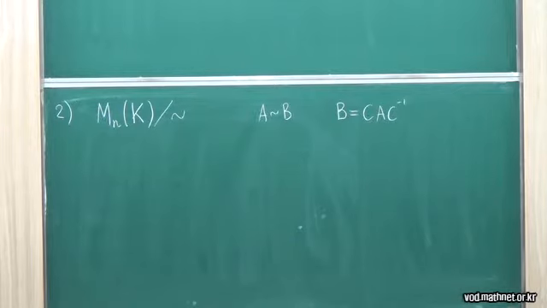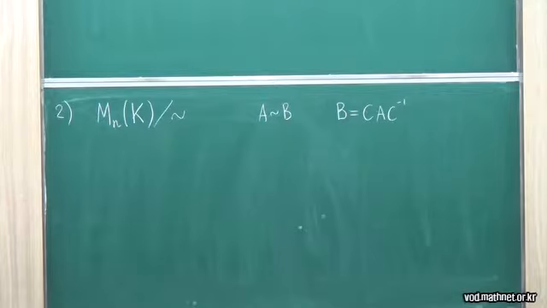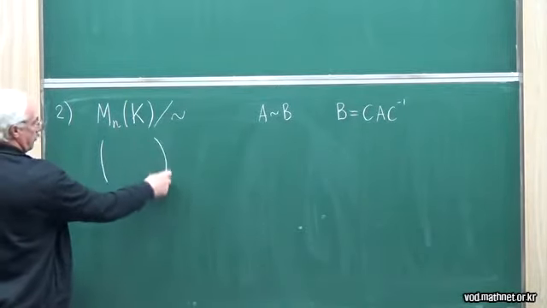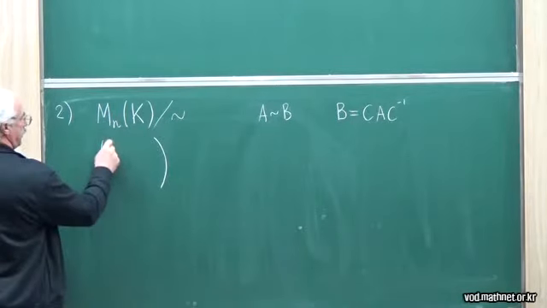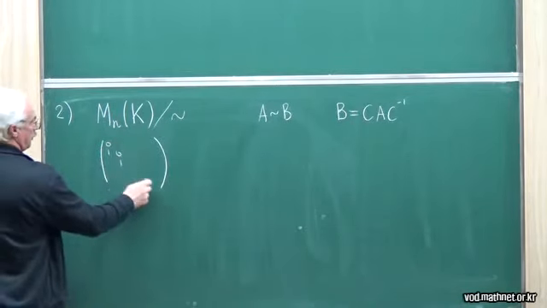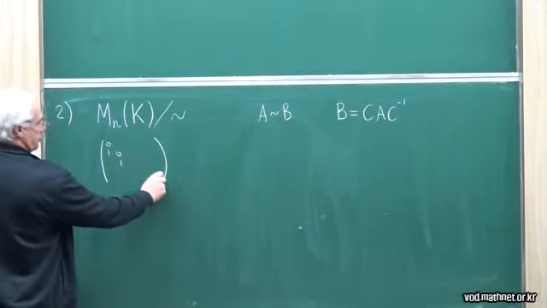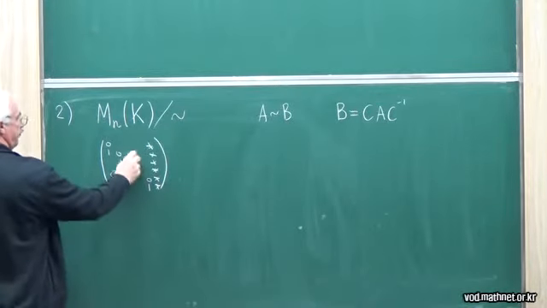In fact, we can do better than that. If you recall the rational canonical form, every matrix is similar to a matrix in the rational canonical form, which is the block diagonal matrix consisting of matrices of this form: one below the diagonal, then anything in the last column, and 0 everywhere else.